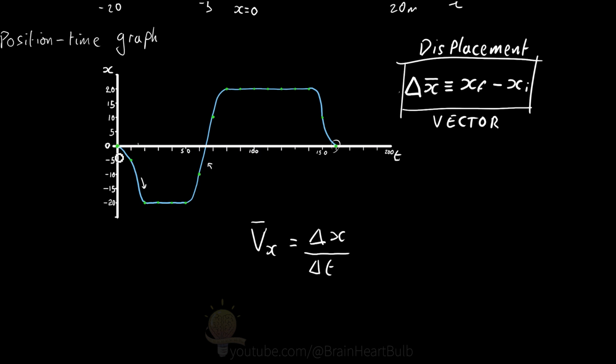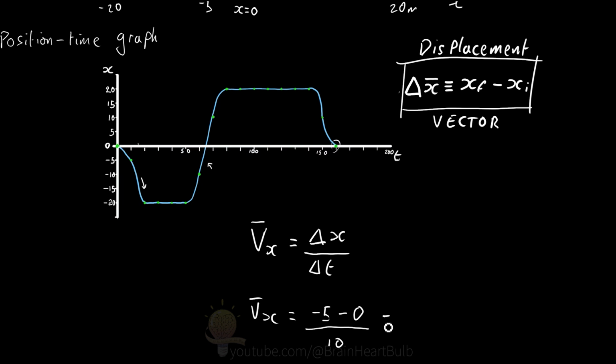So for our first 10 seconds, we can work out our average velocity. In the first 10 seconds, our final position is -5. So -5 minus our initial position, which is 0, divided by the difference in time, which is 10 seconds.